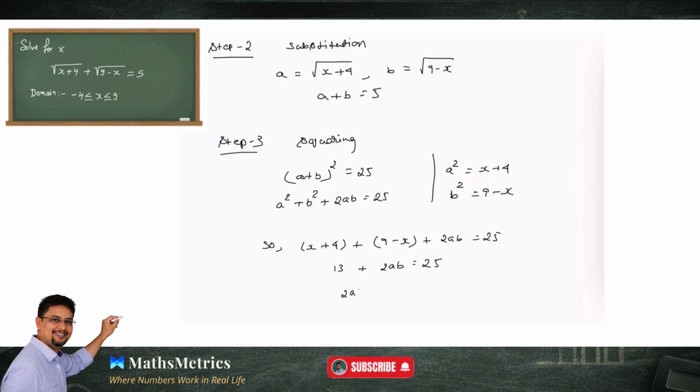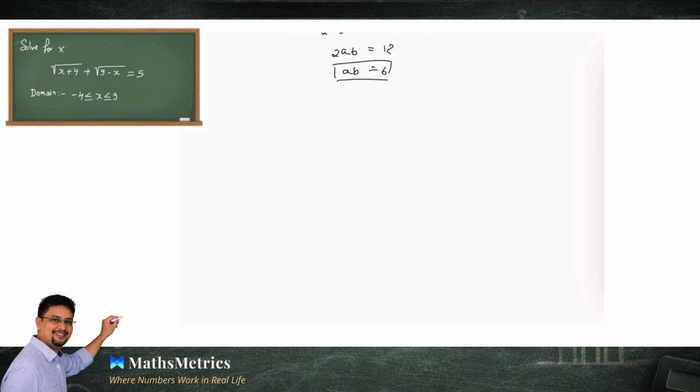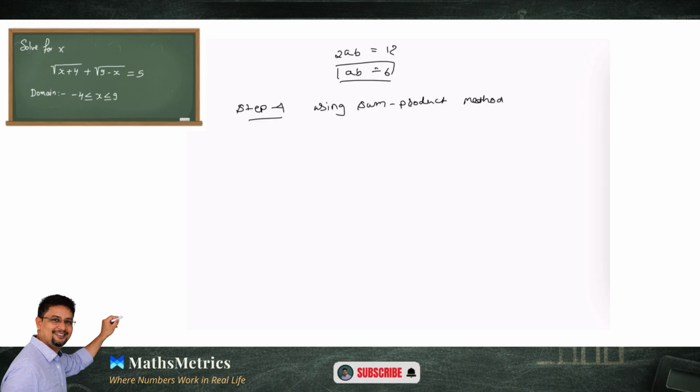Simplifying further, we get 2ab equal to 25 minus 13, or 2ab equal to just 12. ab equal to 12 by 2, which is 6. We can further simplify: a plus b is equal to 5 and ab equal to 6. This is like saying two numbers add to 5 and multiply to 6.